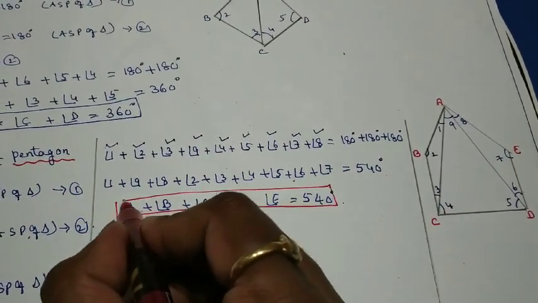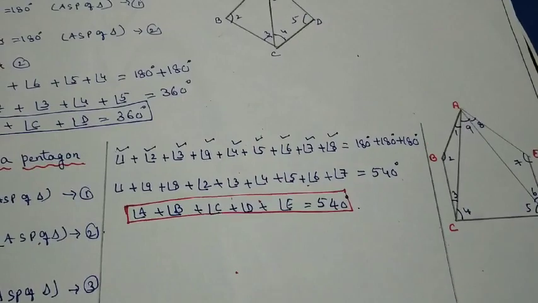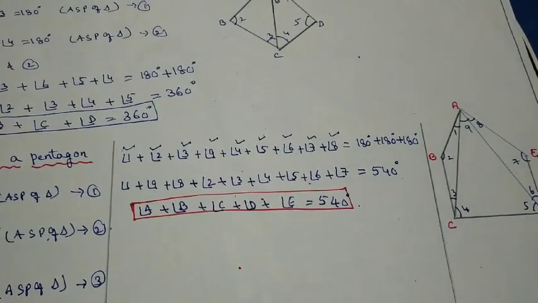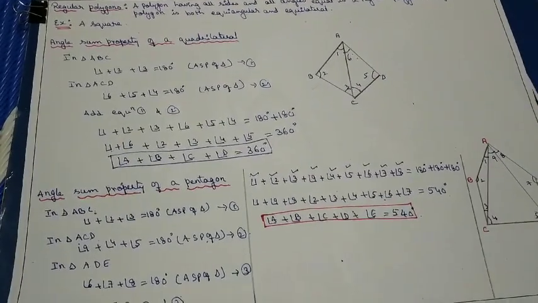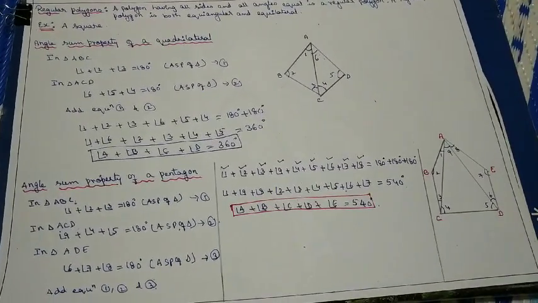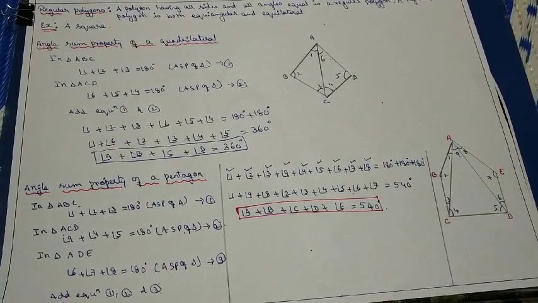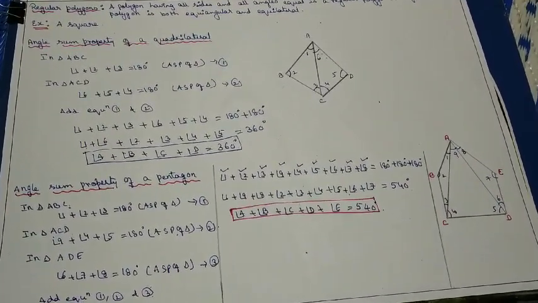We have that the sum of all angles in a triangle is 180 degrees. In the same way, the sum of all angles in a quadrilateral is 360 degrees, and the sum of all angles in a pentagon is 540 degrees.